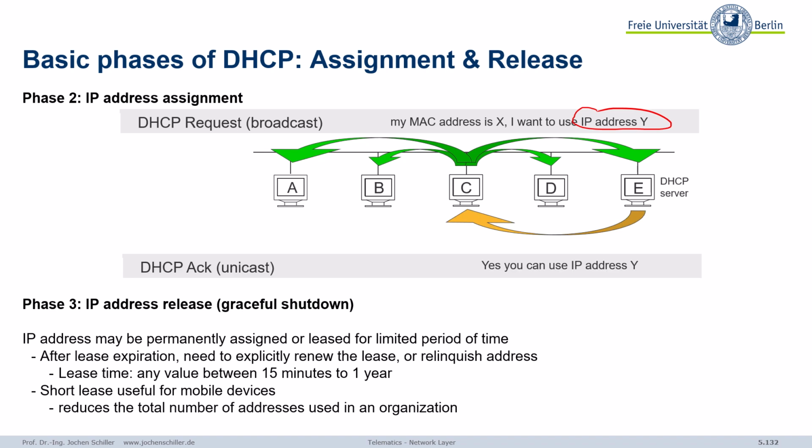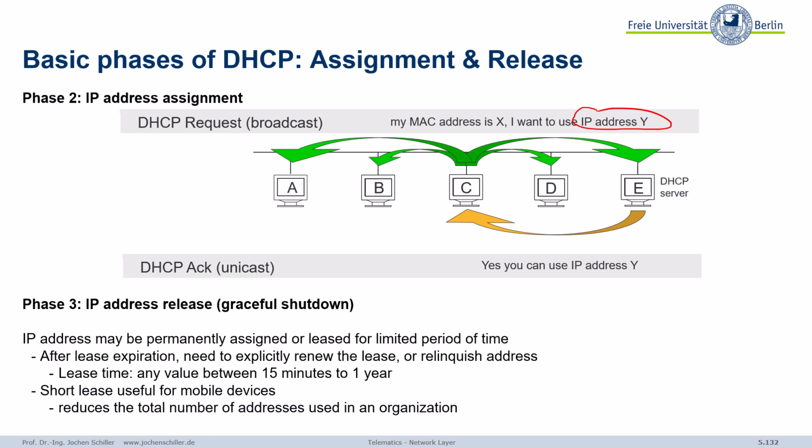If no one complains, you will get an acknowledgement: yes, you can use this IP address. The server offering this IP address will then mark this address as being used by that computer.